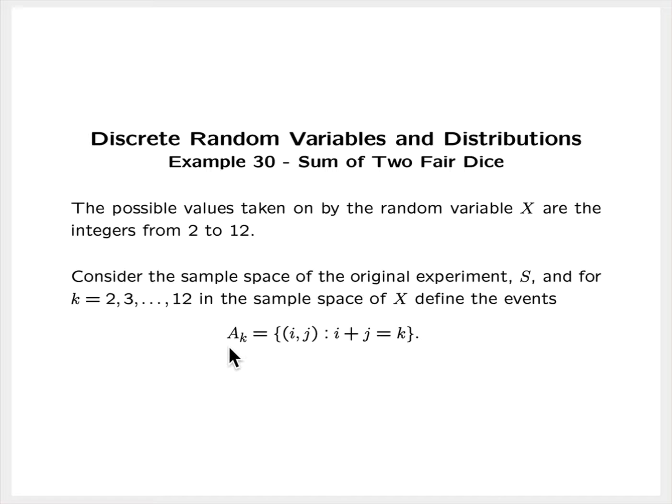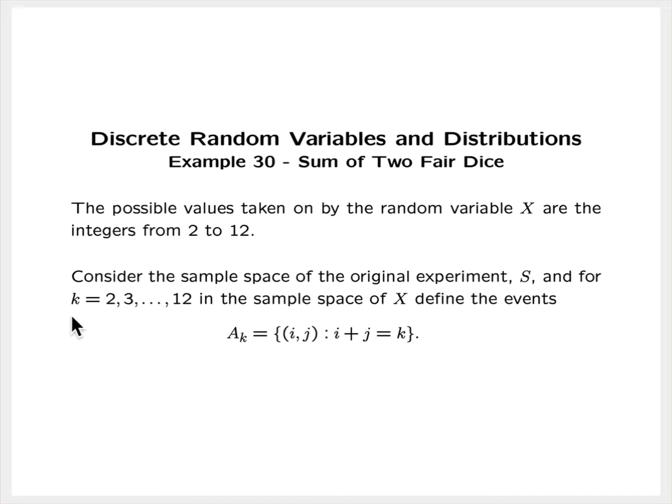And so A sub k, for a particular value of k from 2 to 12, is going to be the set of elementary events, the set of ordered pairs from the original sample space for which the sum of those two values, the sum of the two coordinates, is equal to the value of k specified.